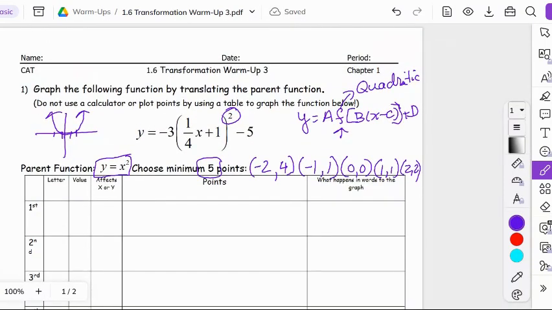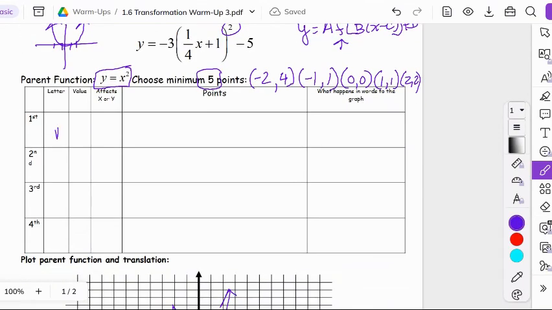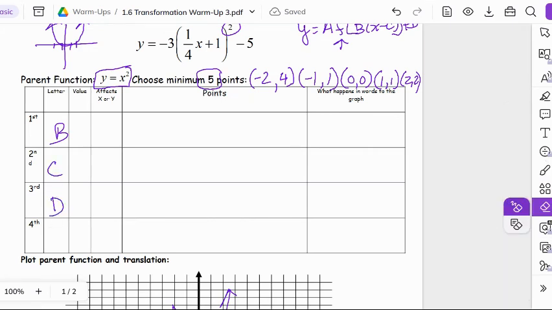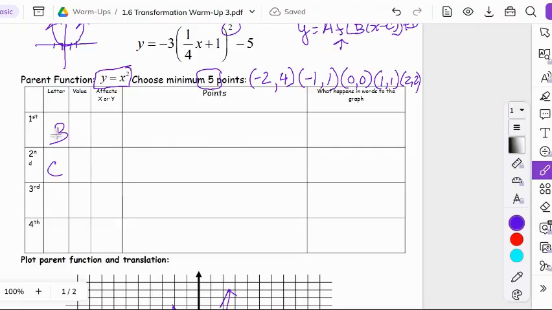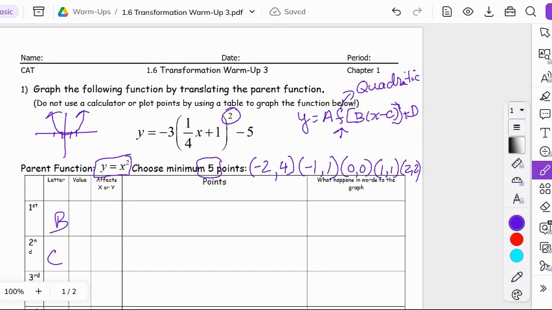And so those are how you get the points, and then you do everything the same way that we've done before, where this is going to be your B, C, A, and D. I was doing the alphabet there for a minute. And so that would be it. So that's the only difference.